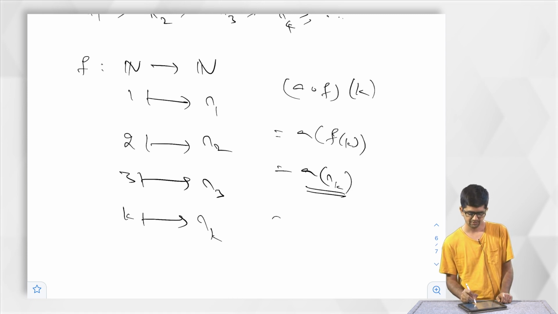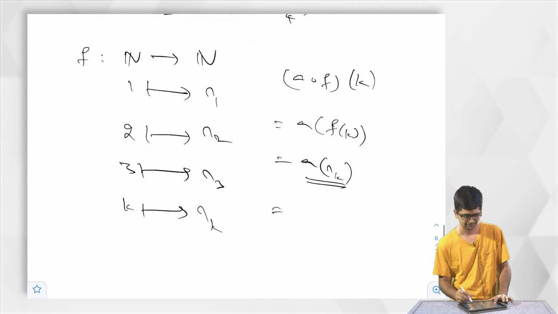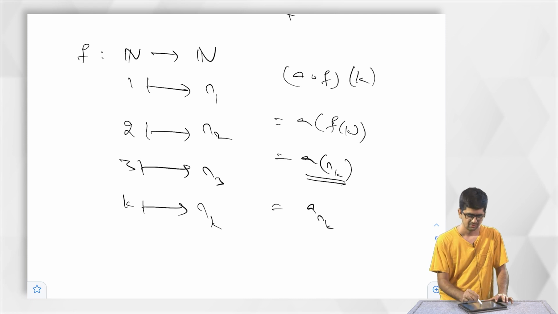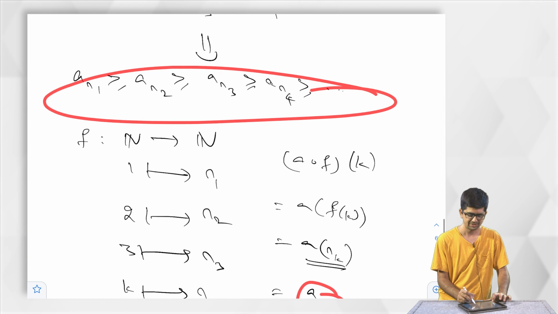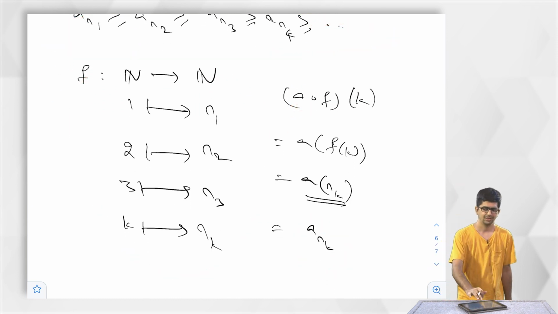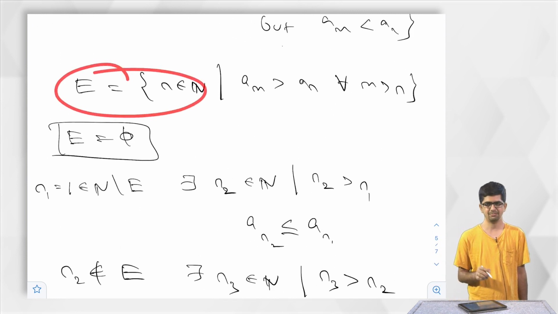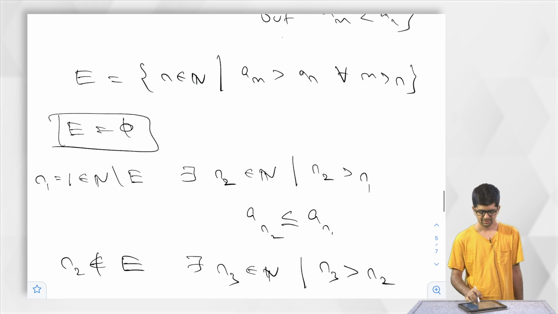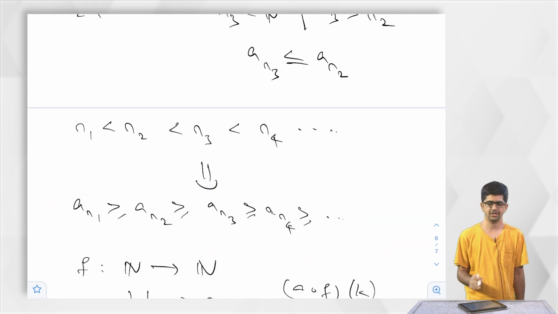What is A of nk? Whatever we are writing here, this a subscript nk, right? That is what it is. So, this sequence is a subsequence of A by this f. So, if E is an empty set, then we get a decreasing subsequence of A.